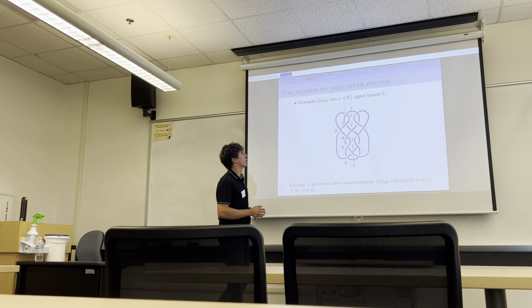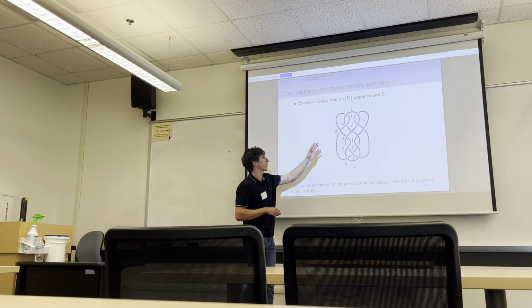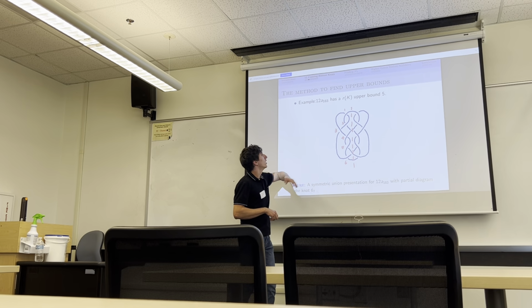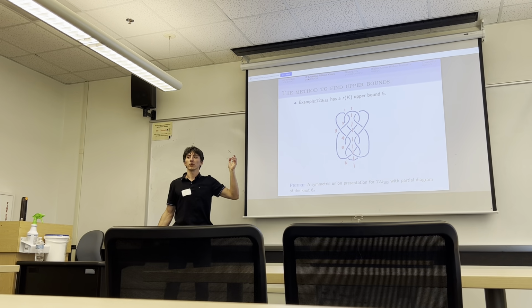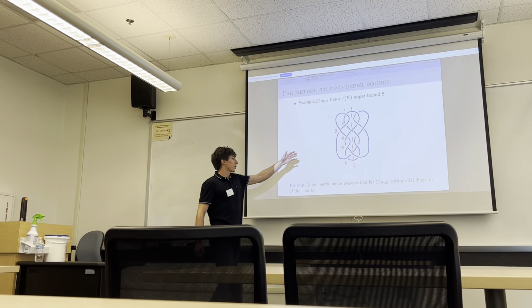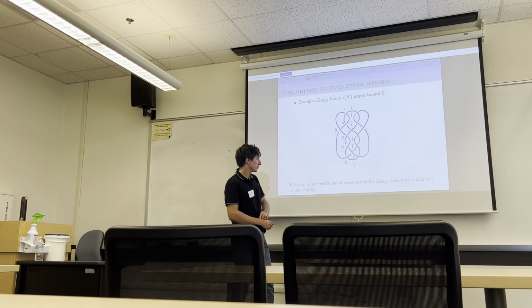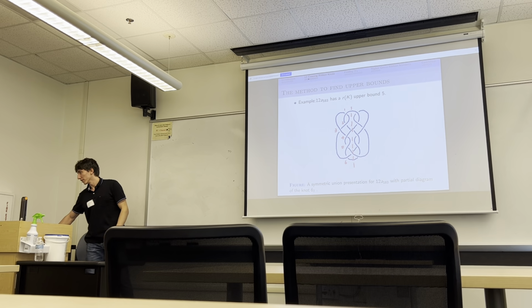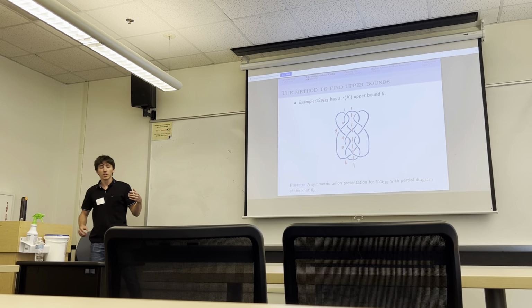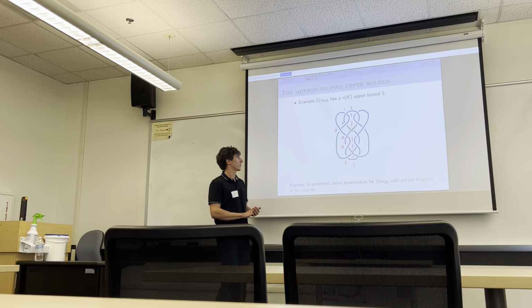It doesn't really matter, but we're concerned about the number of crossings on the partial diagram. So for this example, for the knot 12a183, this partial diagram has 6 crossings, and the theorem states that it's the number of crossings minus 1. So therefore, it must have an upper bound of 5.